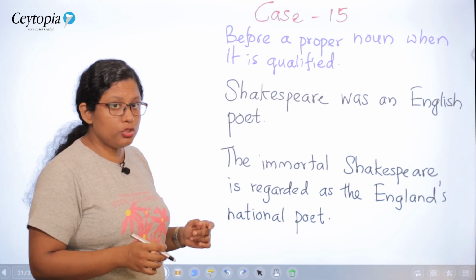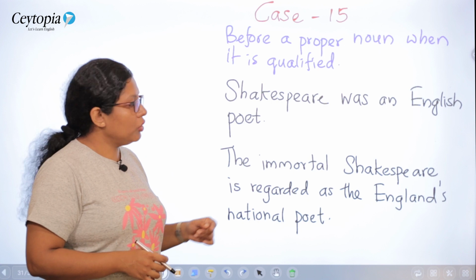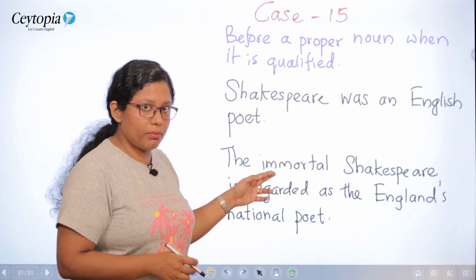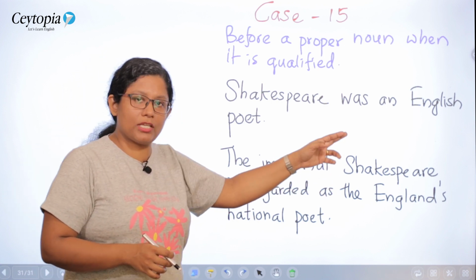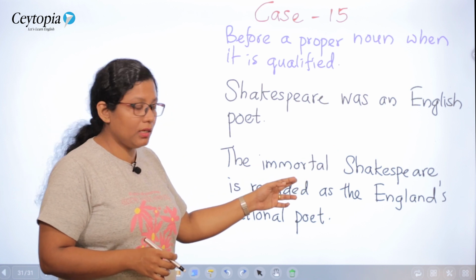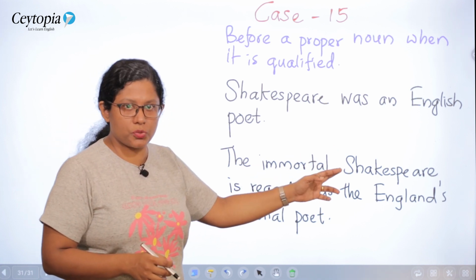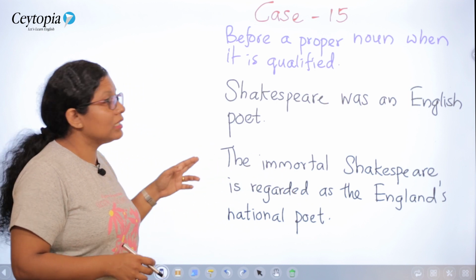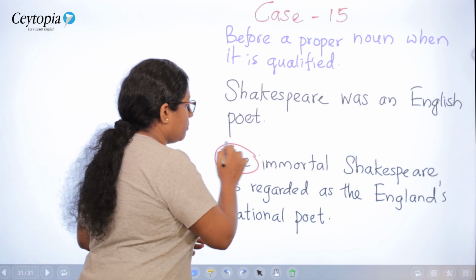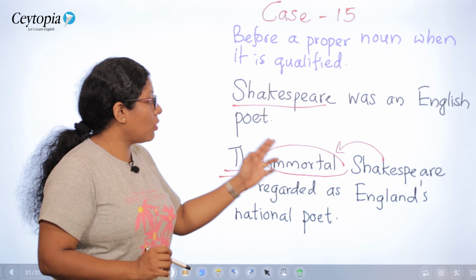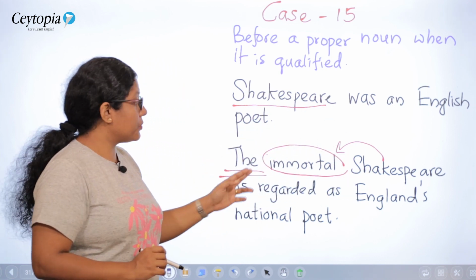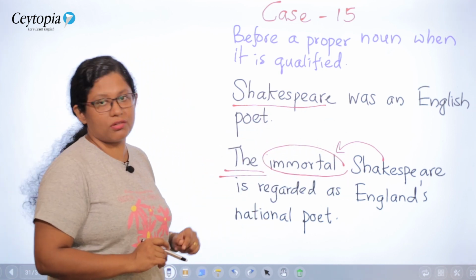But when you use a qualifier before it, you give additional information. You can say immortal Shakespeare. So this is an adjective here, a qualifier, immortal Shakespeare. So before the qualifier, you use the to specify it. The immortal Shakespeare is regarded as England's national poet.